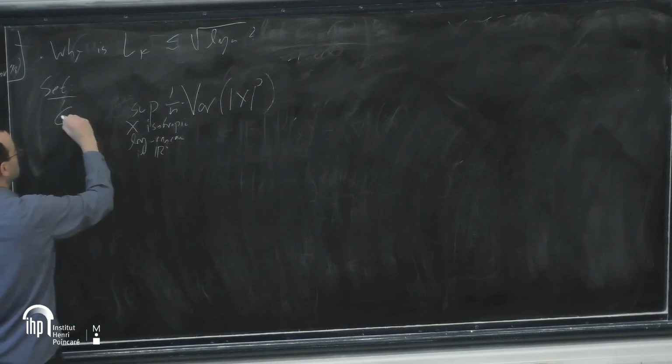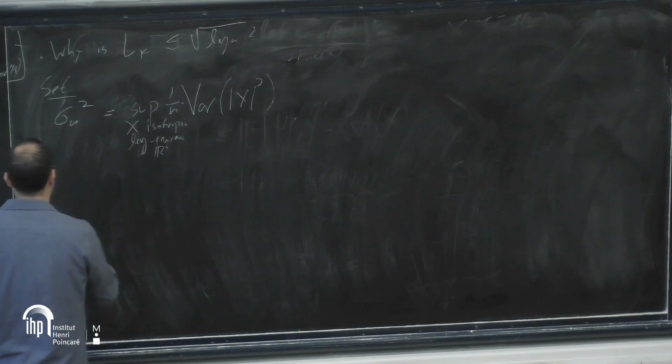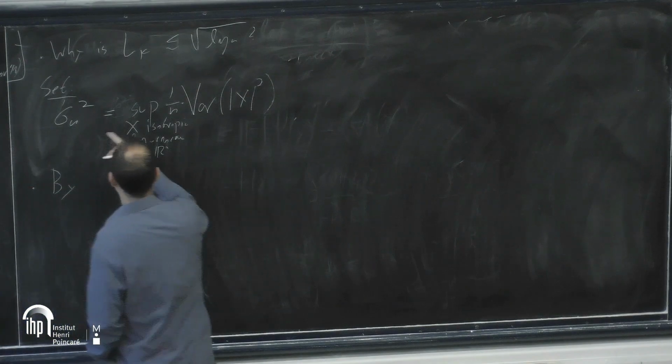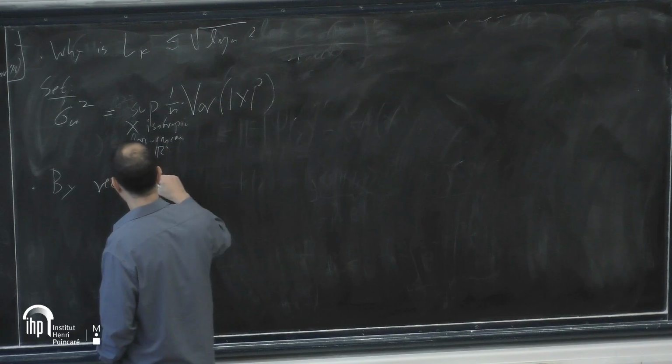And this is sigma n squared. And I claim that it's pretty much the S_n from yesterday by reversible inequalities.